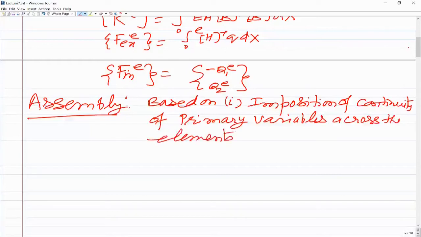And the second is that we are of course looking at the equilibrium of forces. So the second thing involves the summation of forces at the nodes.